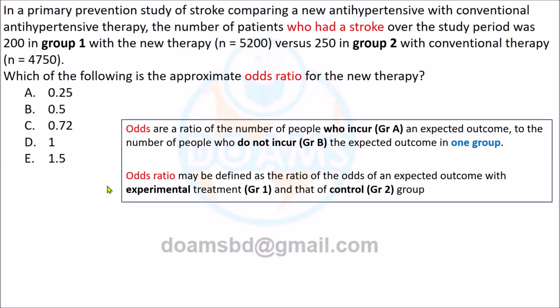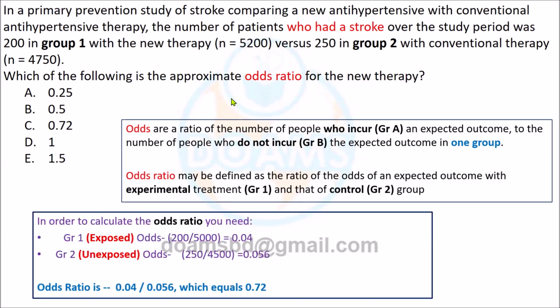What is the odds of group 1? That means 200 divided by 5,000. Yes.